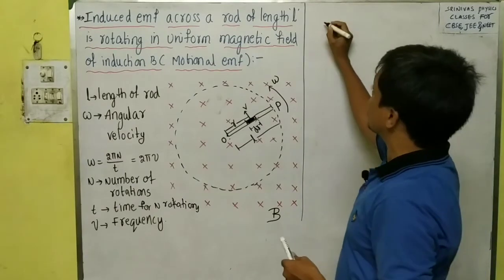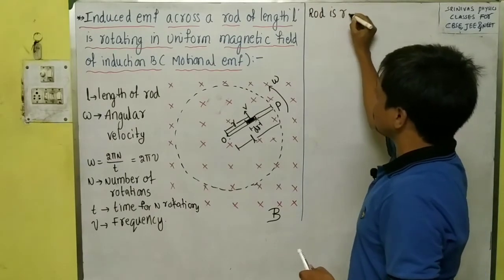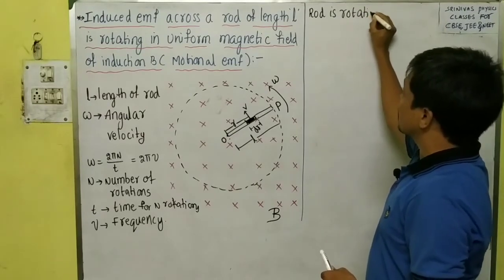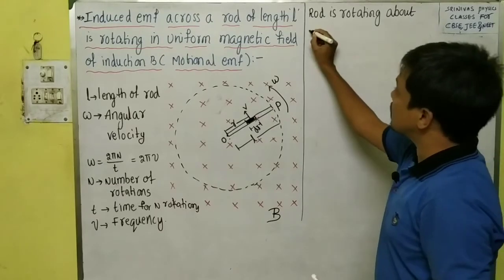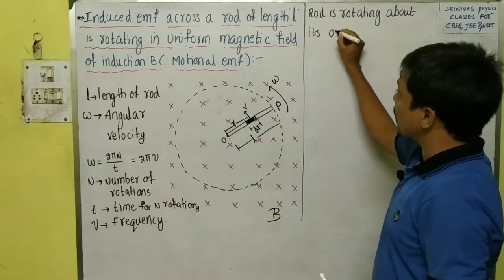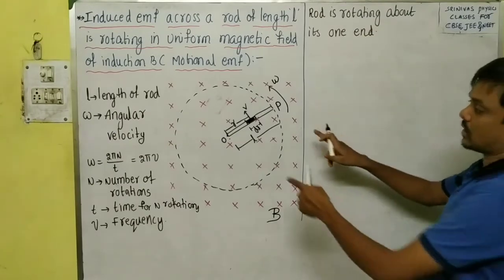Now here, what is happening? The rod is rotating about one end. I want to derive the induced EMF across the rod.